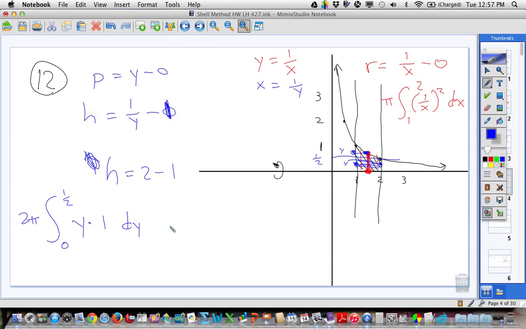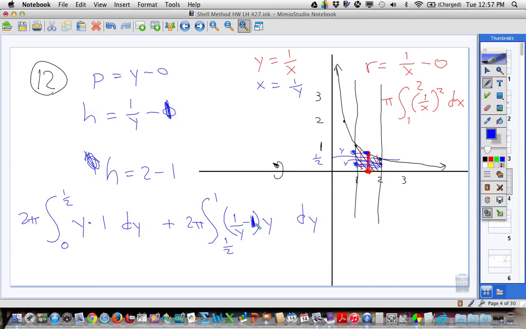So that's the bottom half, plus top half is going to be 2 pi. It's going to go from 1/2 to 1, and that's going to be 1 over y times y. I'm having trouble with that minus 1. Okay, 1 over y minus 1, there it is. Okay, 1 over y minus 1 times y. It's going to go from 1/2 to 1.